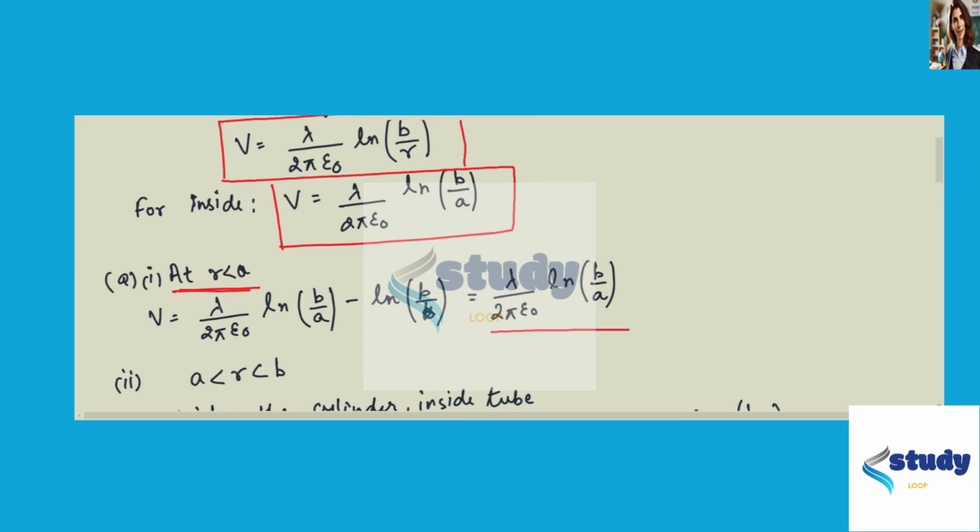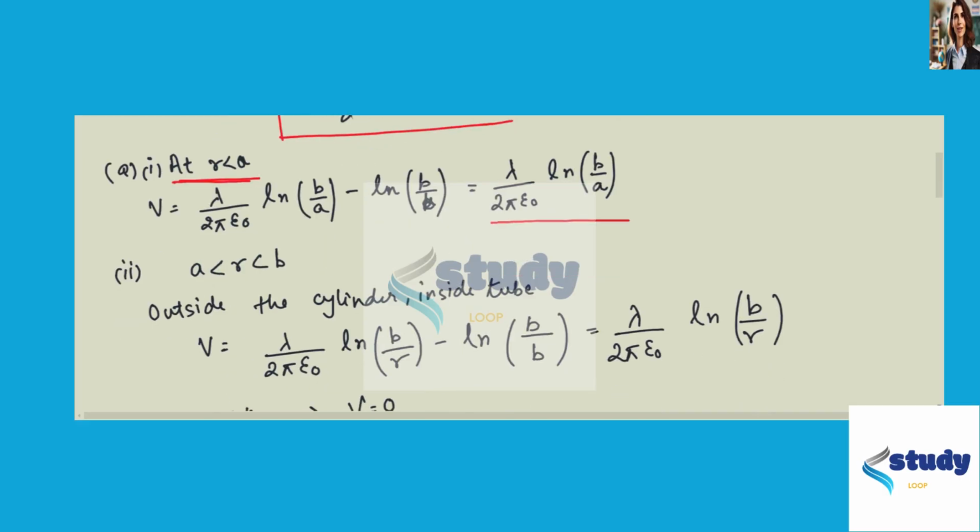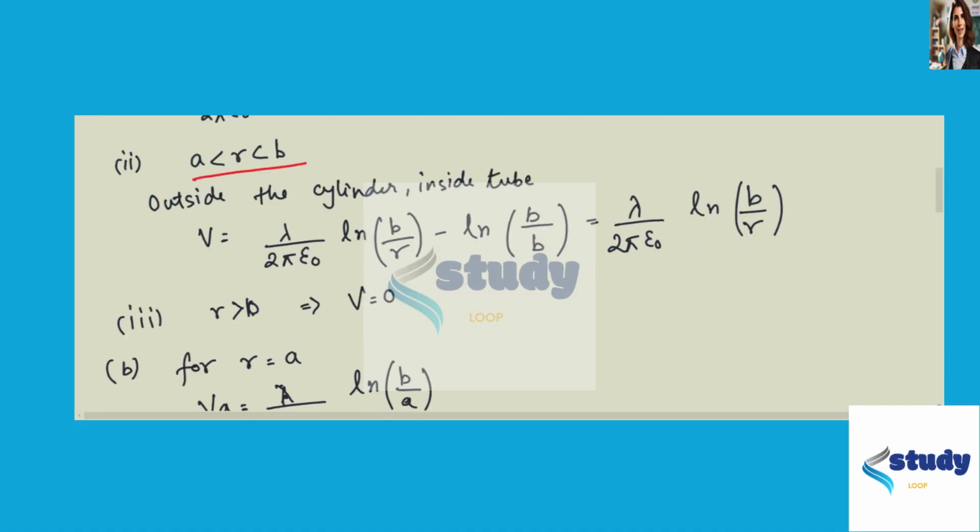Now for a less than r less than b, outside the cylinder but inside the tube, it becomes again lambda by 2 pi epsilon naught times ln b by r minus ln b by b.